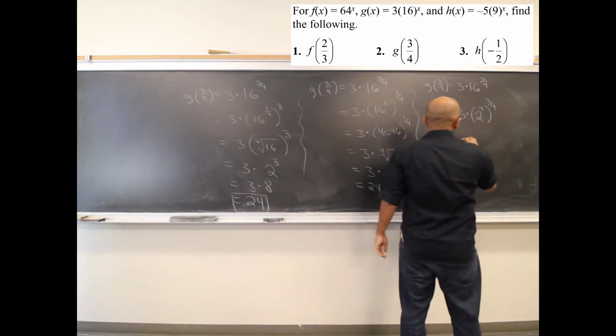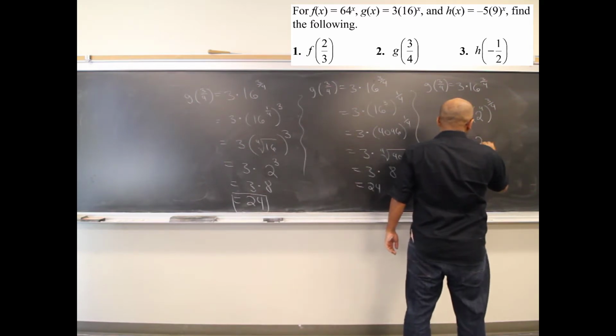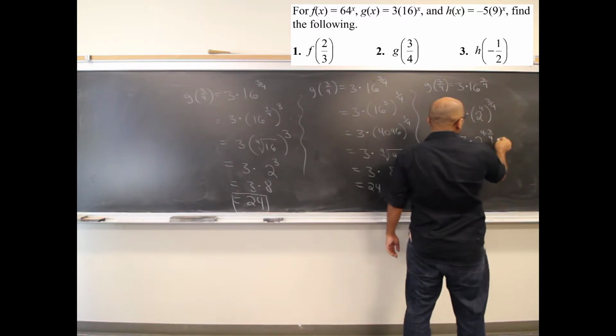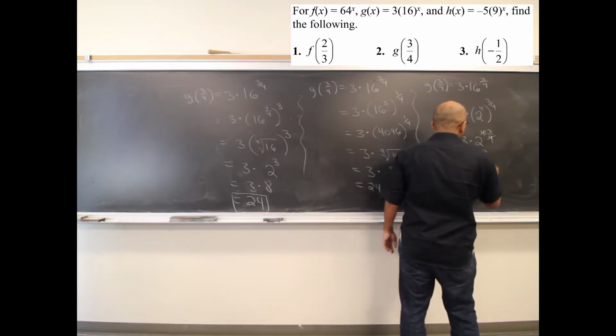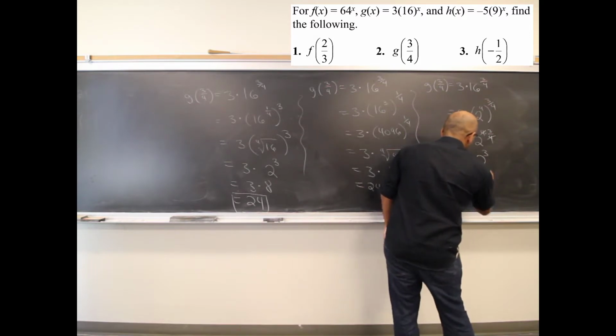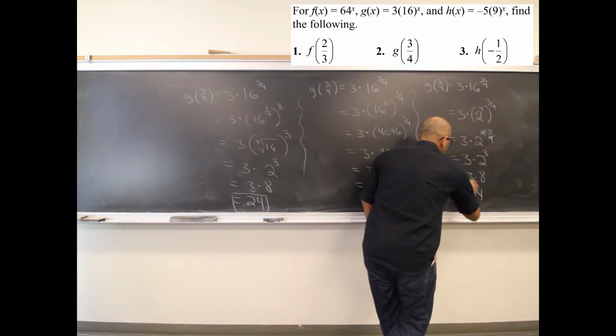And now this is equal to 3 times 2 to the power of 4 times 3/4. The 4ths cancel, giving us 3 times 2 to the 3rd power, which is 3 times 8, which is equal to 24 once again.